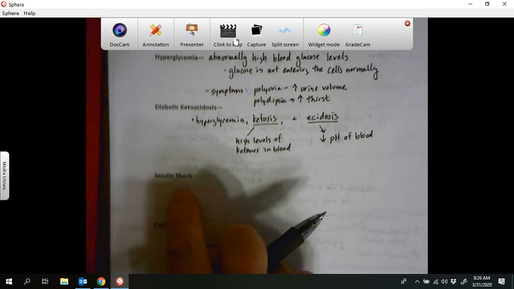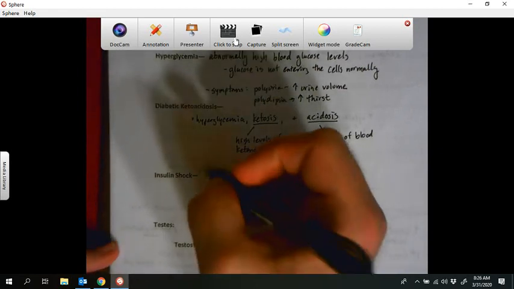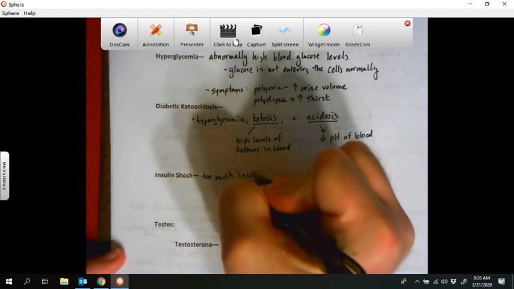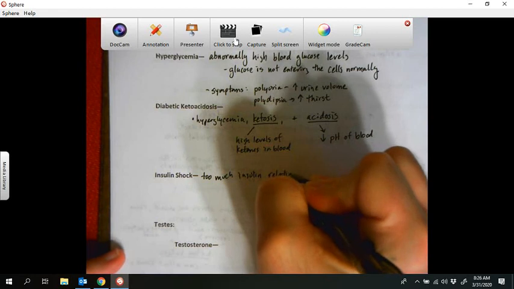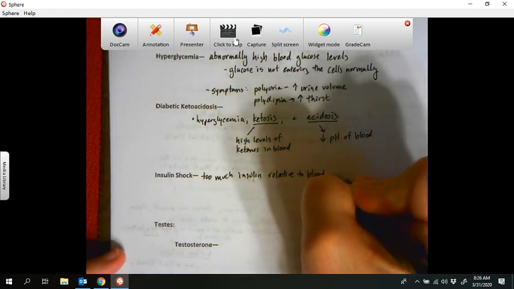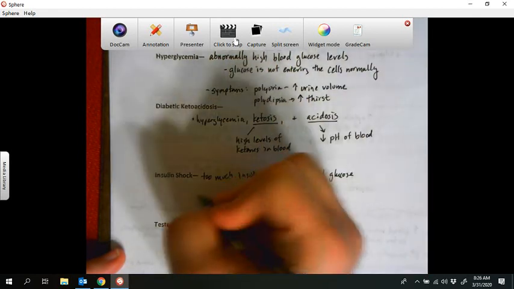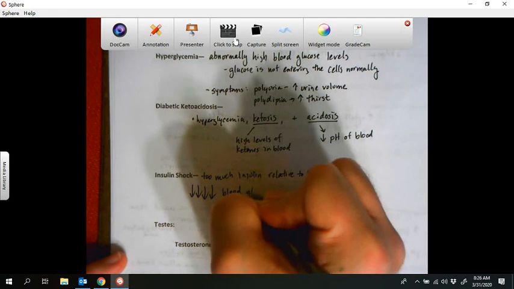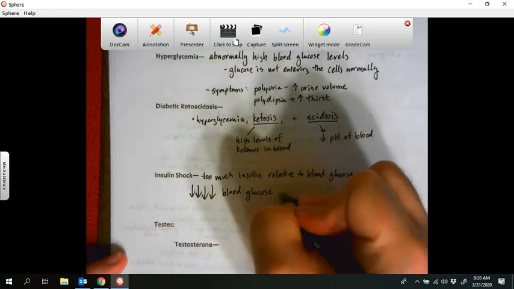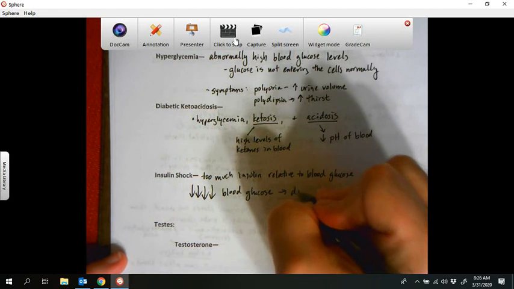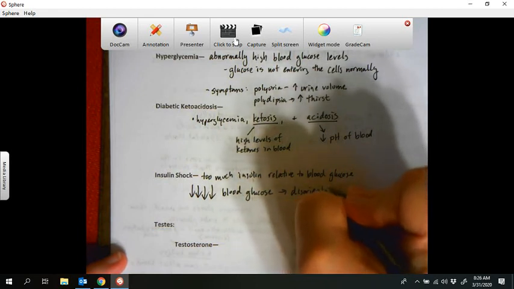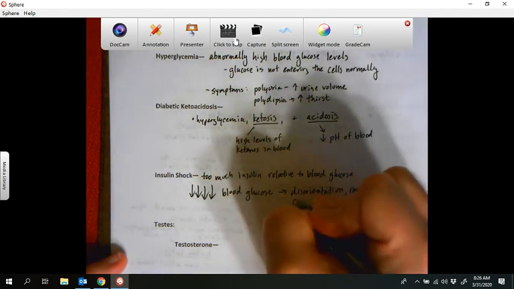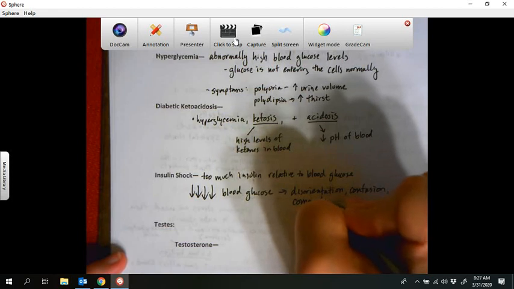The last thing that we'll talk about is insulin shock. And in insulin shock, we have too much insulin relative to blood glucose. So this is a huge decrease in blood glucose. This can cause disorientation, confusion, coma, and in severe cases, death.